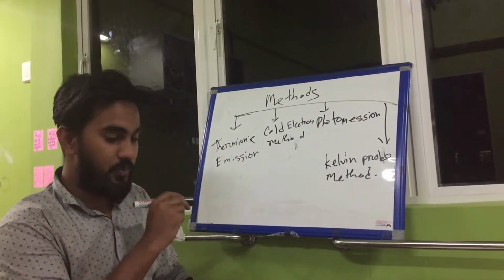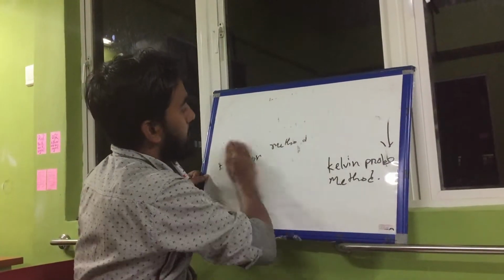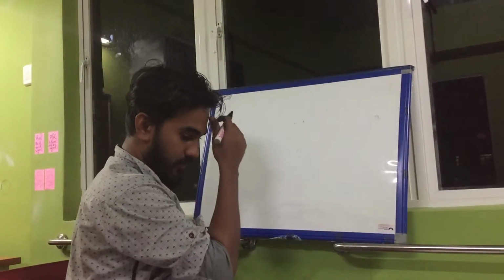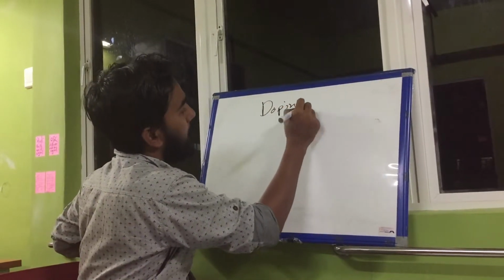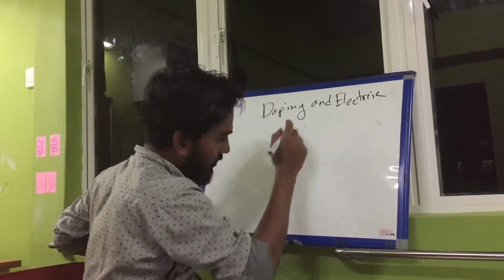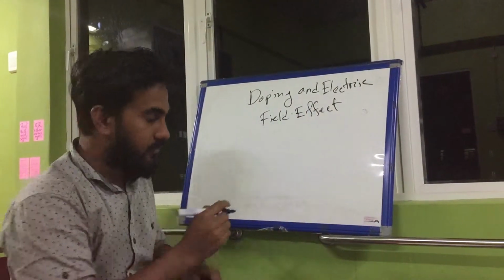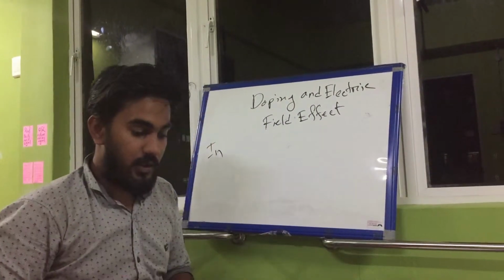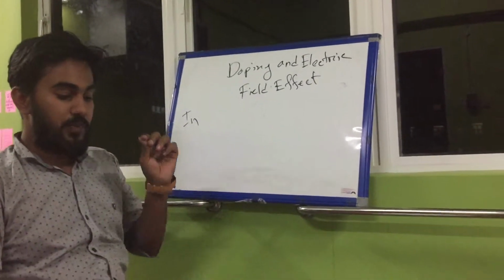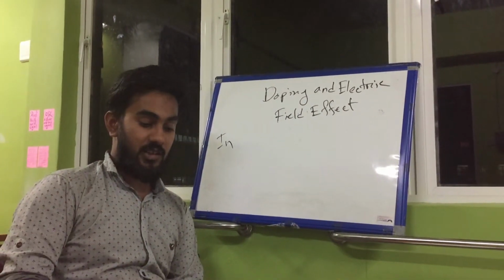Now coming to the doping and electric field effect on semiconductors. In a semiconductor, the work function is very sensitive to the doping level at the surface, and it is also controlled by the electric field, the sensitivity to the electric field in the vacuum.